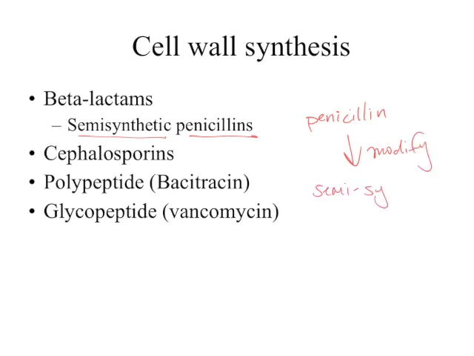So semi-synthetic because it's based on the naturally occurring penicillin and has been modified in the lab. Cephalosporins are also beta-lactams, but again, they're made by a different mold. Our polypeptides, like bacitracin, and then the glycopeptide vancomycin, which you may have heard of before.